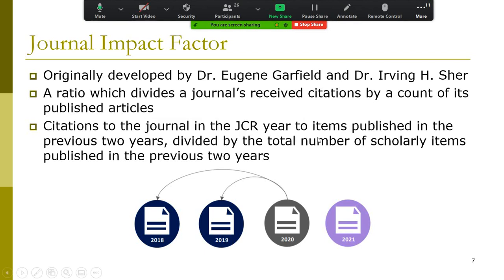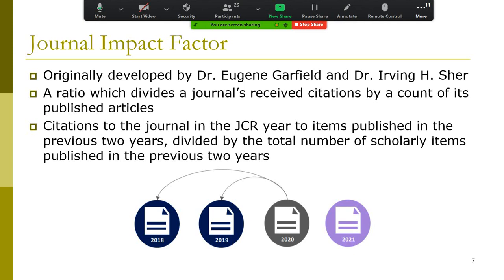It is a ratio which divides the citations a journal received by the count of its published articles. In other words, it is the citations in the JCR year to items published in the previous 2 years, divided by the total number of scholarly items published in the previous 2 years.